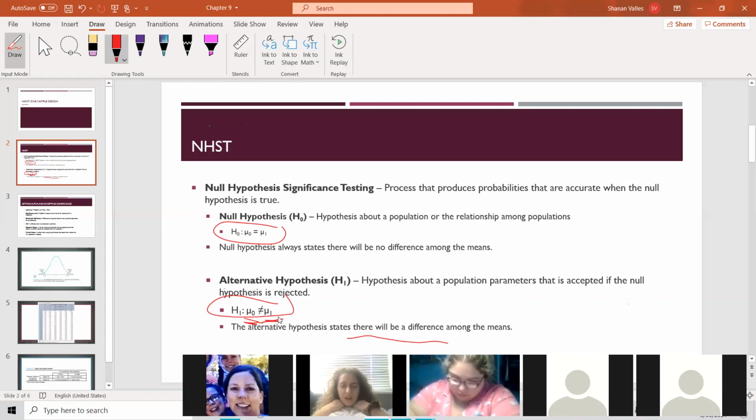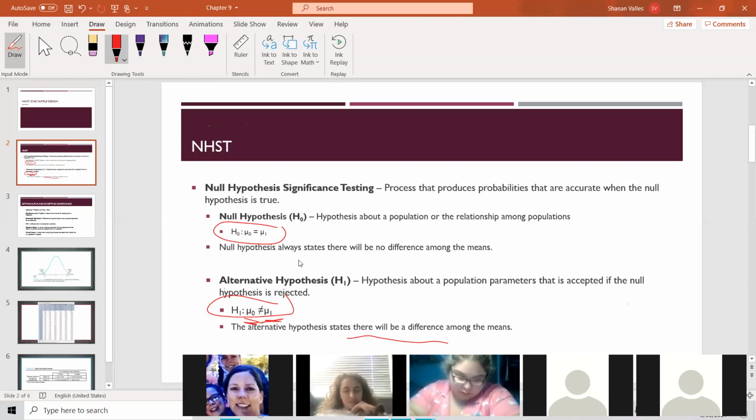It's just that my brain was like, if you have two different populations, there has to be some kind of difference between them. That's why I got a little bit confused in the null hypothesis, in the part where it says there will be no difference among the means.